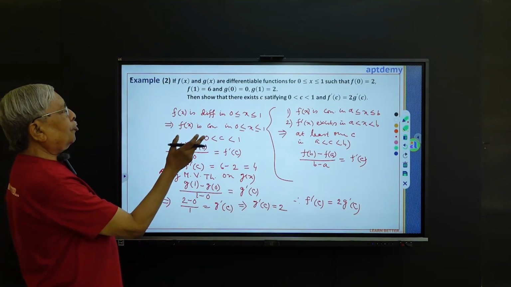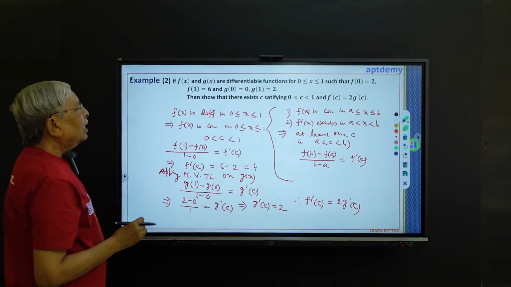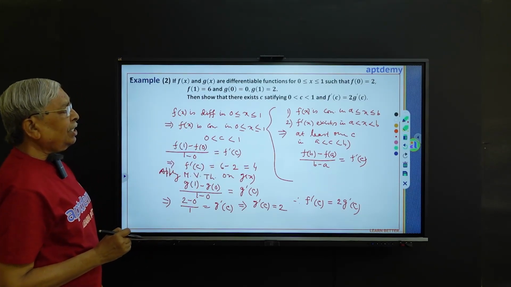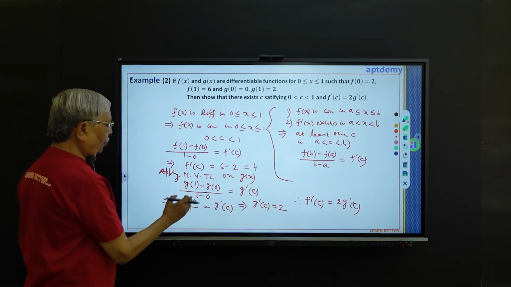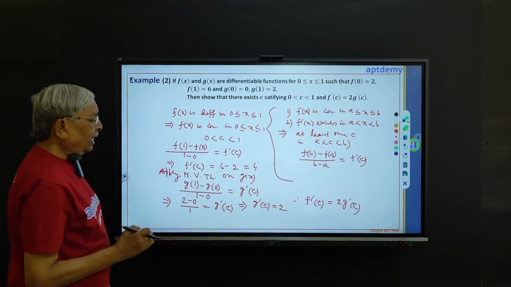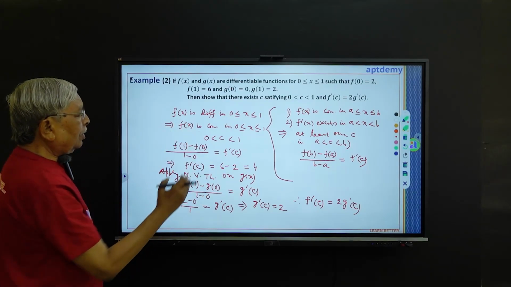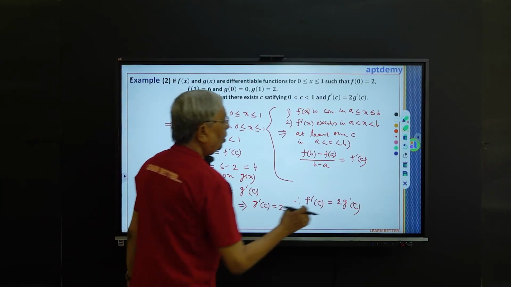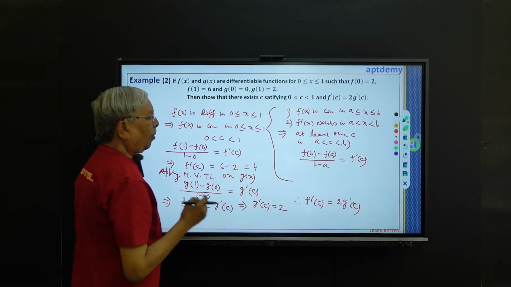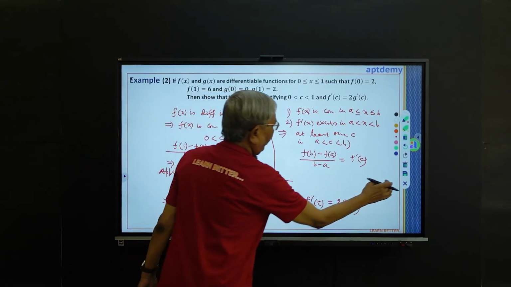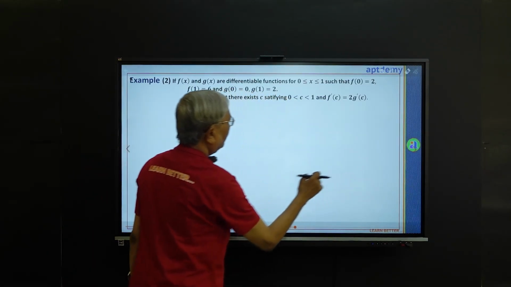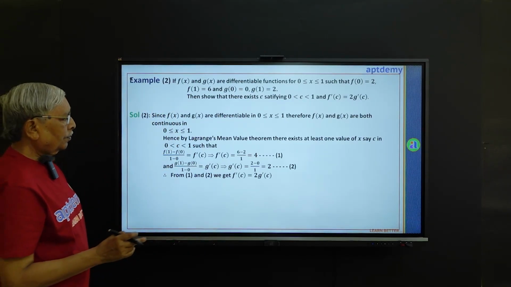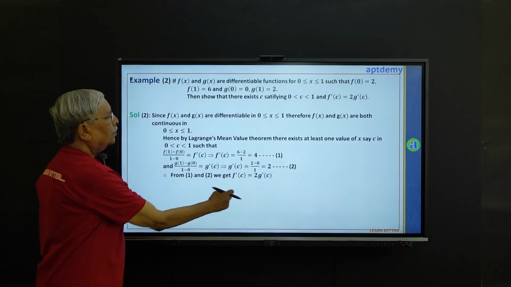So we apply the mean value theorem first on the function f(x) in the interval 0, 1, and we have got f dash c equal to 4. Then on the function g(x), g(1) minus g(0) by 1 minus 0 equals g dash c, that is g dash c equal to 2. From these two results, we get f dash c equal to 2 g dash c. The details of this problem I have solved in the next page. Thank you.